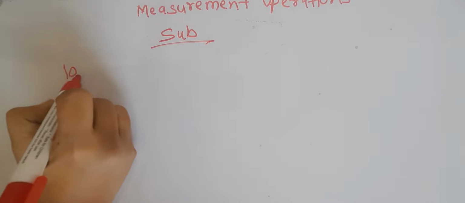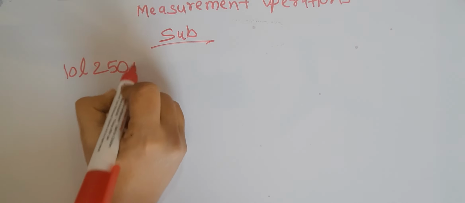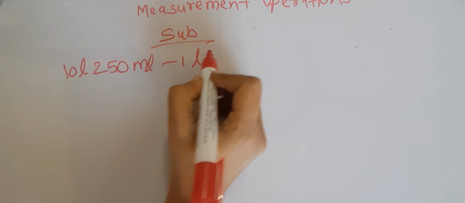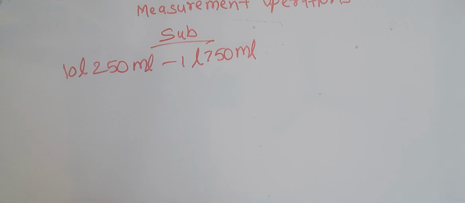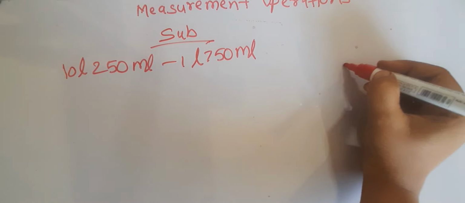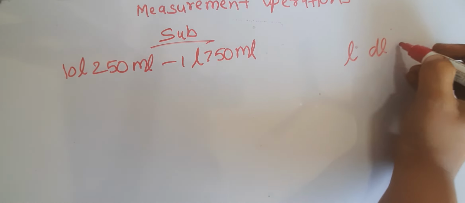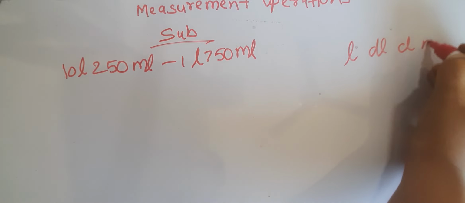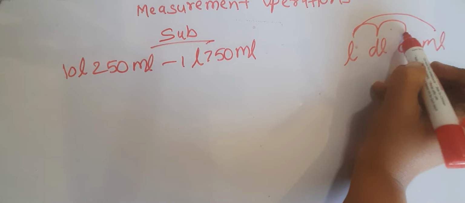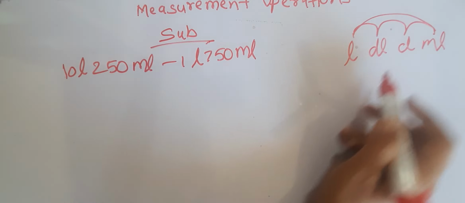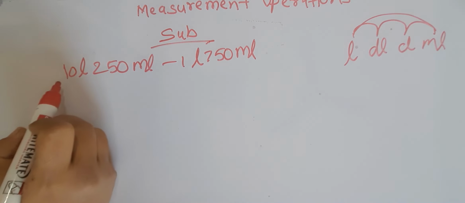Suppose we have 10 liters 250 milliliter, and we have to subtract 1 liter 750 milliliter from it. Okay, we'll convert into a smaller unit, and here the smaller unit is milliliter. For liter we know liter, deciliter, centiliter, milliliter. Again from liter we are going to milliliter, so it is 10, 100, 1000, bigger to smaller multiplication.